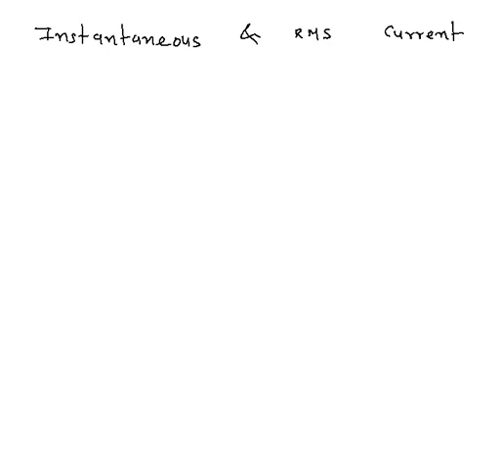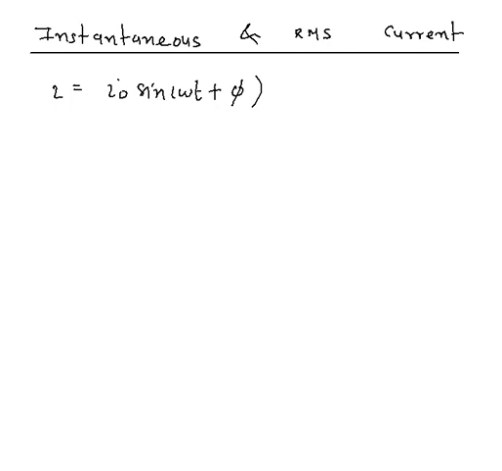Since current and voltage both are sine or cos functions, the discussion is going to be common. When we talk of a general current, then a general current is I naught sine omega t plus some constant that depends on your initial state.